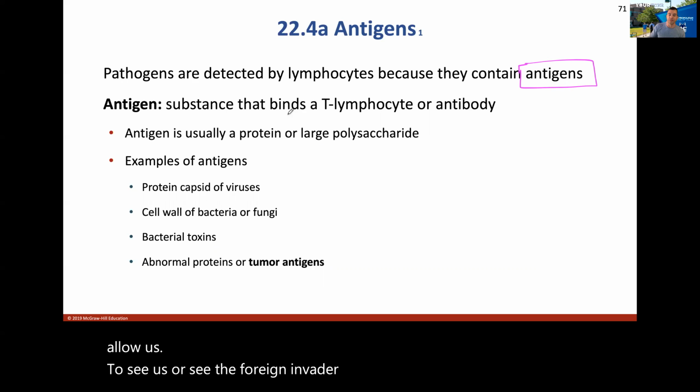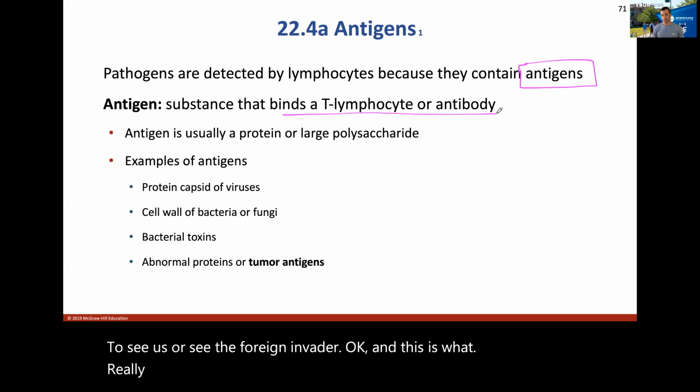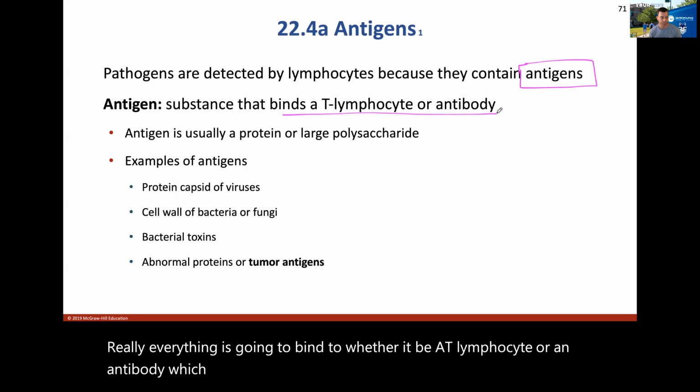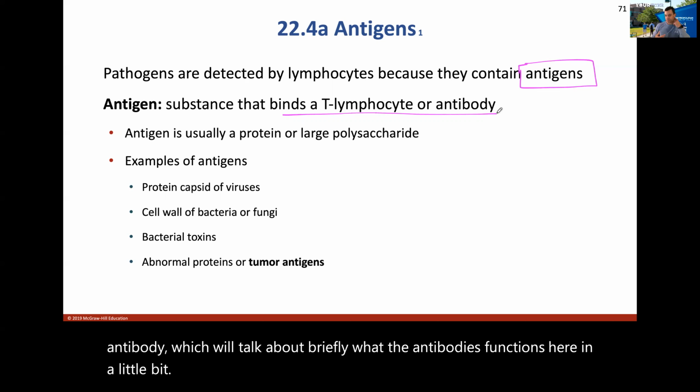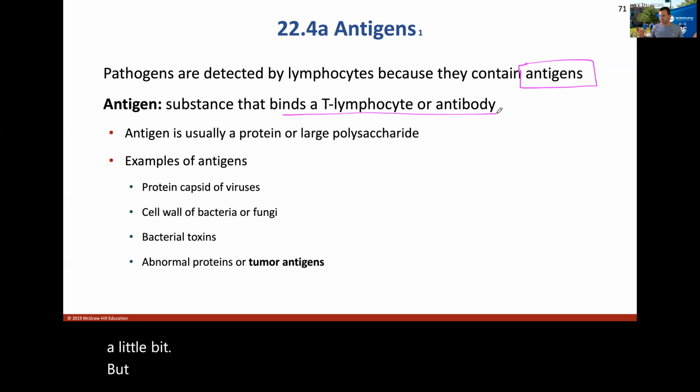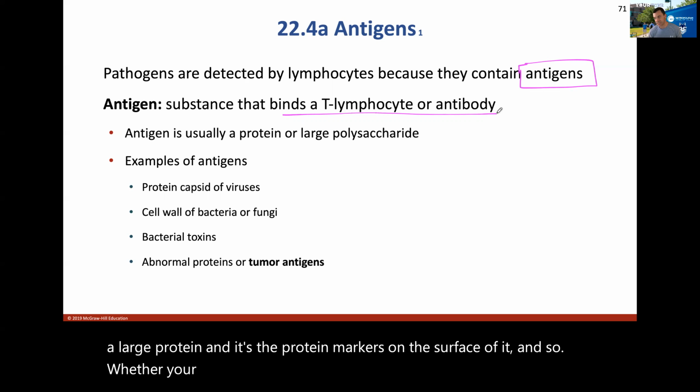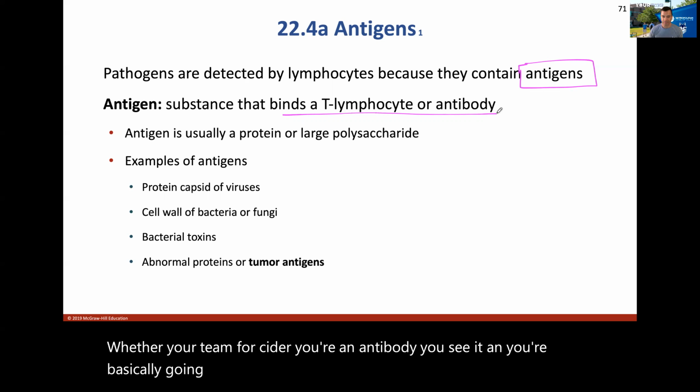And this is what everything is going to bind to, whether it be a T lymphocyte or an antibody, which we'll talk about briefly with the antibody functions in a little bit. But it's a large protein, and it's the protein markers on the surface of it. And so whether you're a T lymphocyte or you're an antibody, you see it, and you're basically going to attach to that thing.